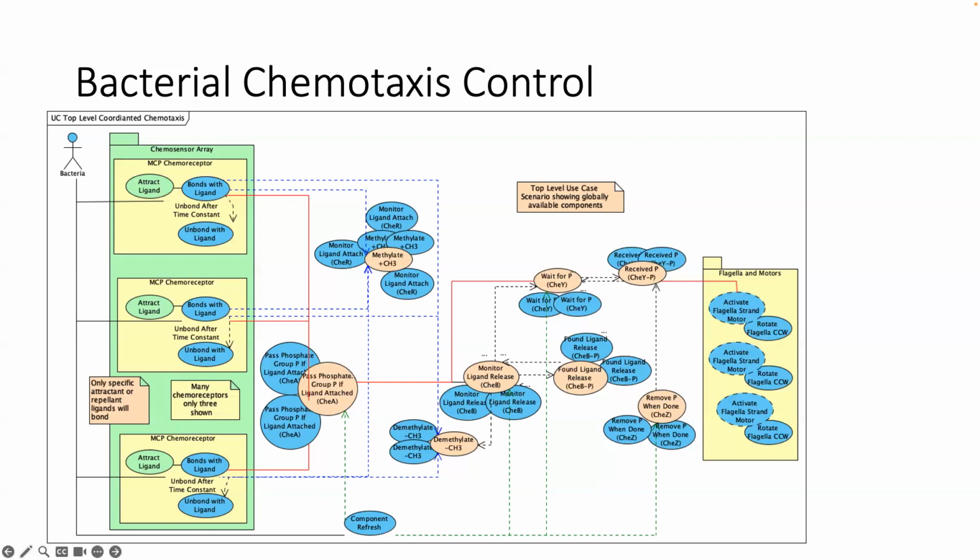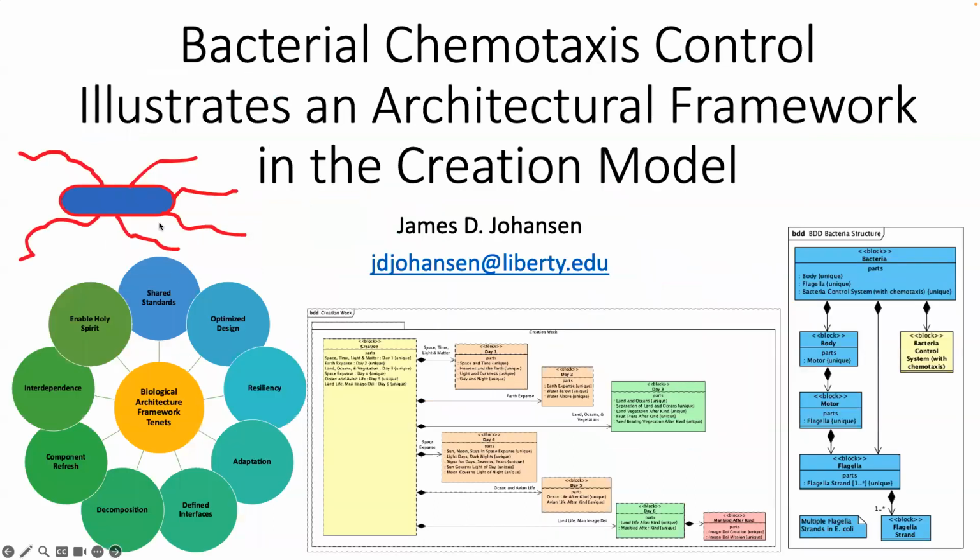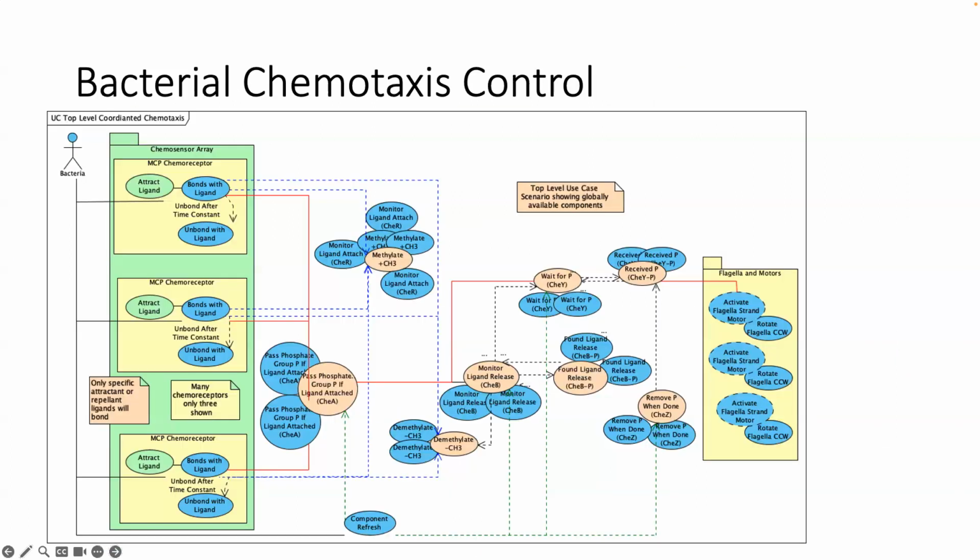I have that developed in some other diagrams that I'm not going to be showing here. But there is an architecture, and this type of bacteria has what's called multiple flagella. On the cover, I showed an example of what that would look like, just to give you a context.